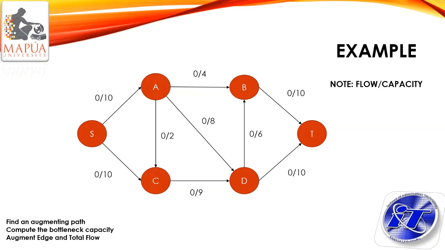If this is 0, it means this edge is not yet used by any path. But if there is a value, for example 2, it means 2 out of 10 is used or was used on a certain path going to T. So now, first step, find the path from source S going to sink T. We have different paths in reaching T. So just choose one.